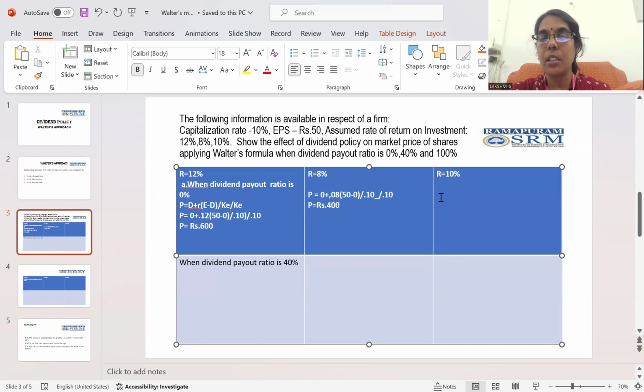In the same way, here the rate of return is 10%.